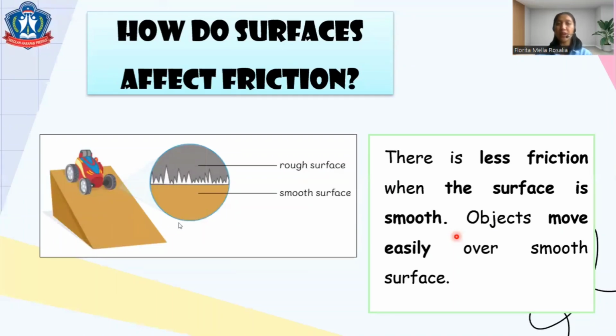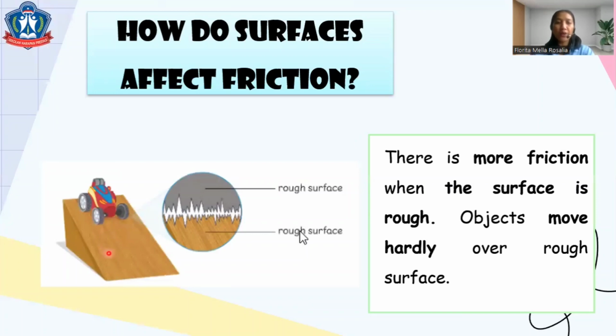How do surfaces affect friction then? If you have a smooth surface, there is less friction, and the object moves easily over the smooth surface. While when there is a rough surface, there is more friction.